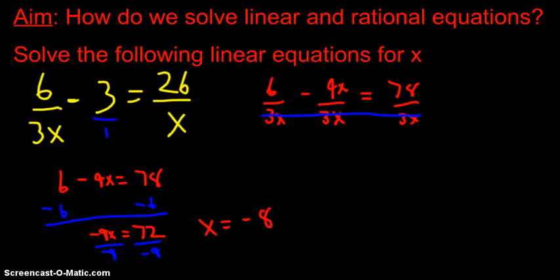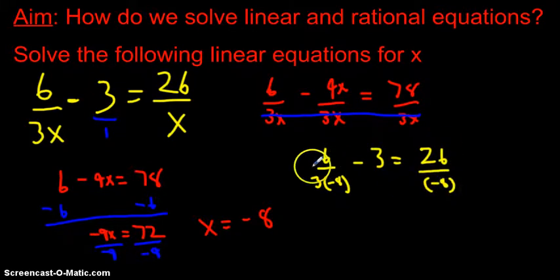We can check our answer by substituting into the original problem. 6 over 3 times negative 8 minus 3 should be equal to 26 over negative 8. This is equal to 1 over negative 4.